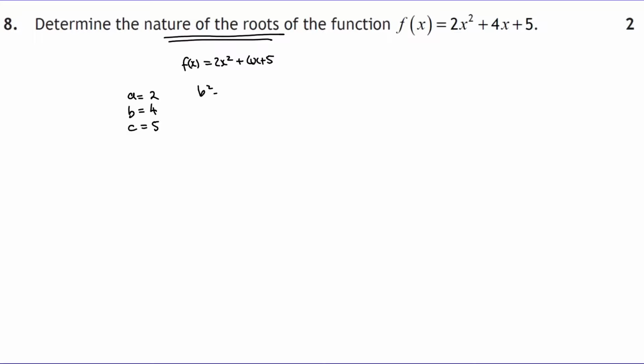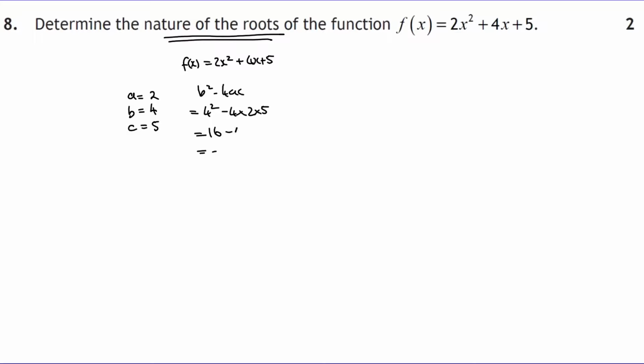So b squared minus 4ac equals 4 squared minus 4 times 2 times 5, and that equals 16 minus 20. So we end up with negative 4 as our final answer there. Now, is that right? Minus 16, minus 4 times 2 is 8, times 5 is 40, not 20, honestly.